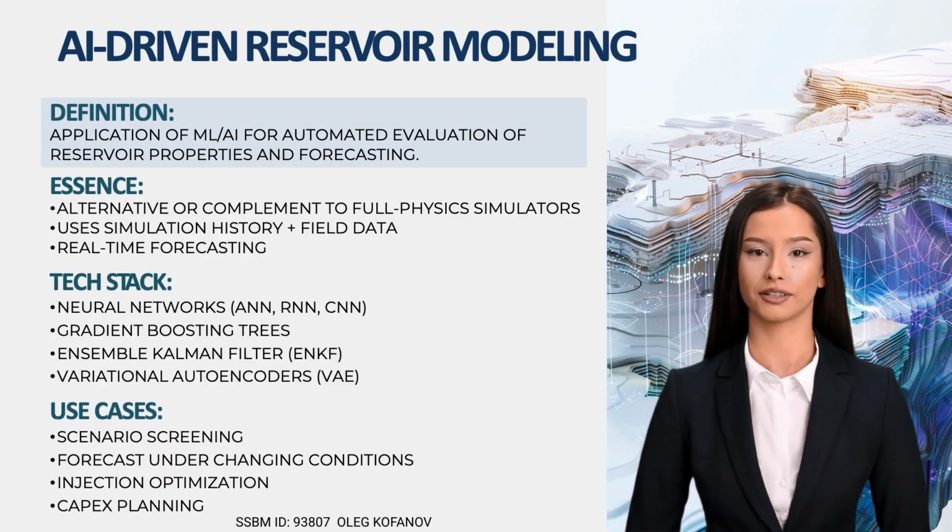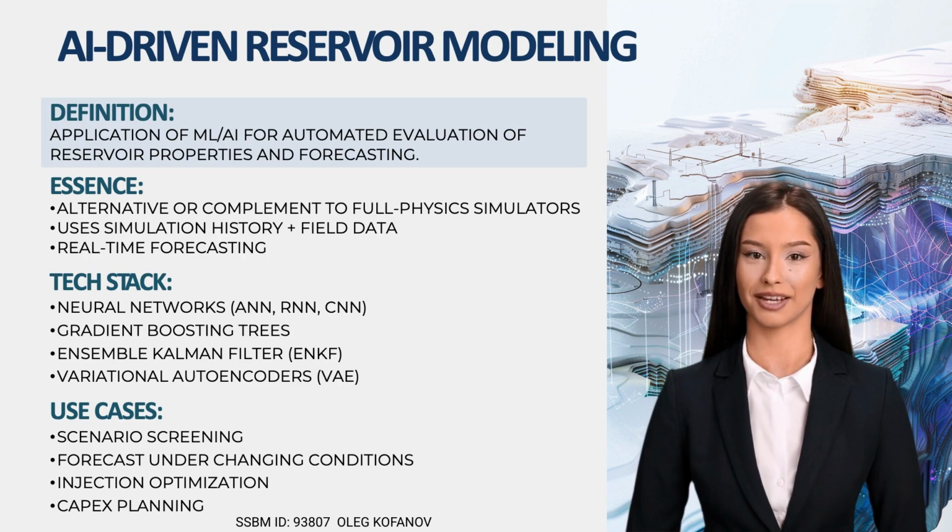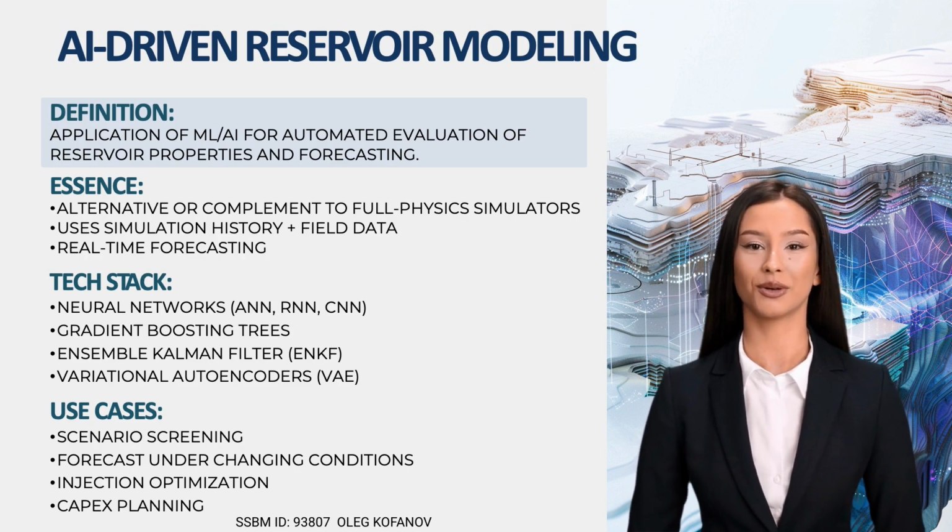The core tech stack includes various types of neural networks like ANN, RNN, and CNN, along with gradient boosting trees, the ensemble Kalman filter, and variational autoencoders. Practical use cases span from scenario screening and forecasting under changing conditions to injection optimization and capital planning. This AI-driven approach enables faster iteration, better adaptability, and ultimately more informed decision-making in reservoir engineering.